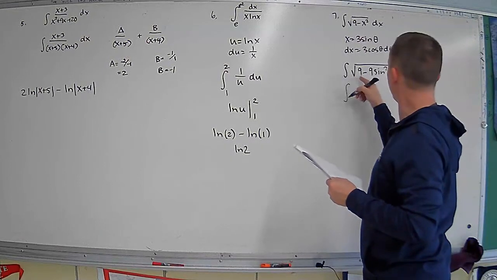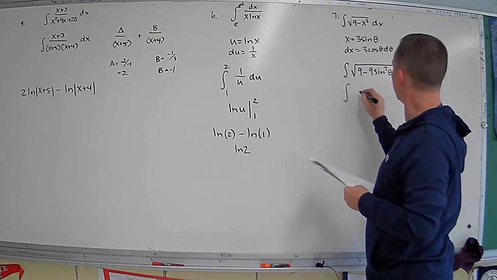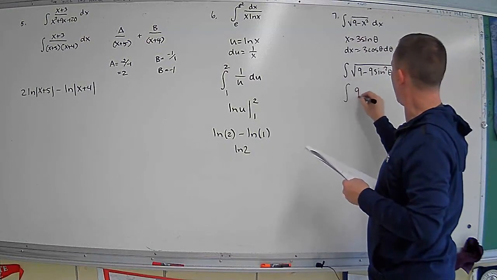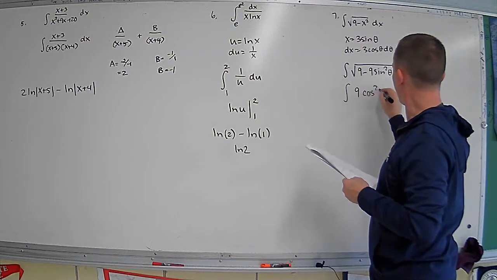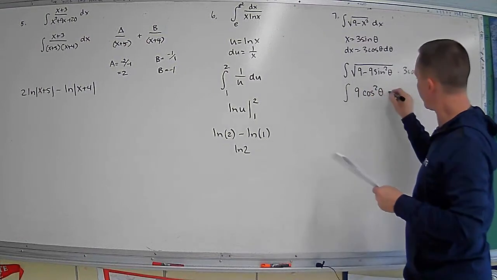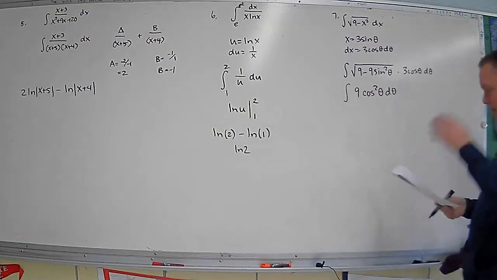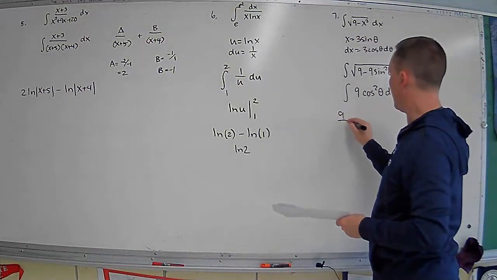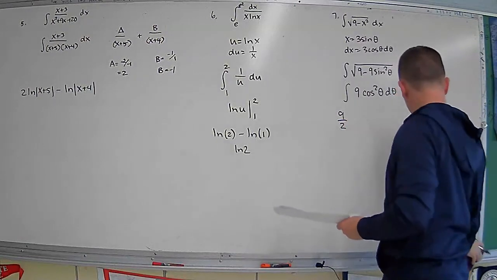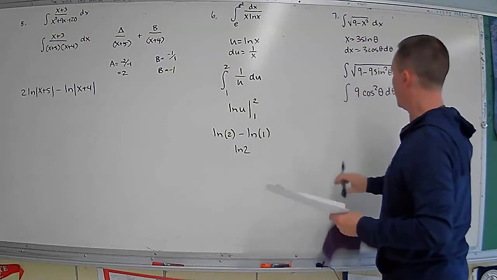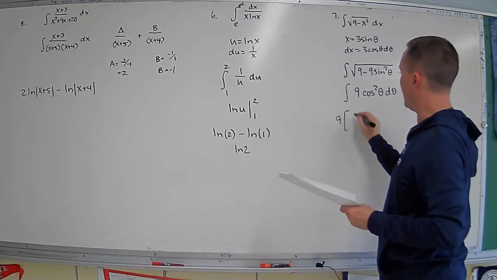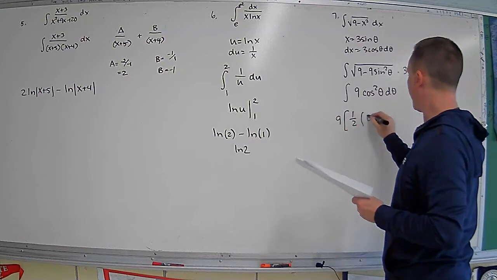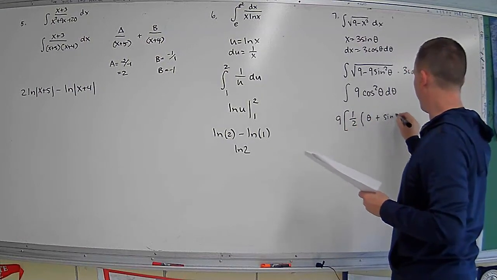This ends up being 9 cosine squared theta when it's all said and done. So that's 9 times 1/2 theta plus sine theta cosine theta.